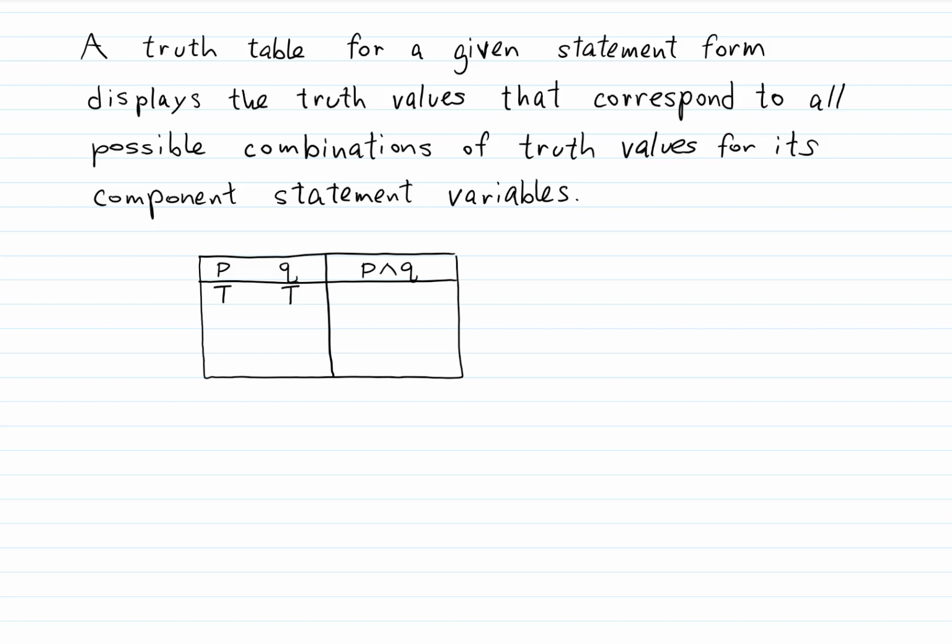Or I might put a true statement in place of P and a false statement in place of Q. Or I could put a false statement in for P and a true statement in for Q. Or a false statement in for P and a false statement in for Q.